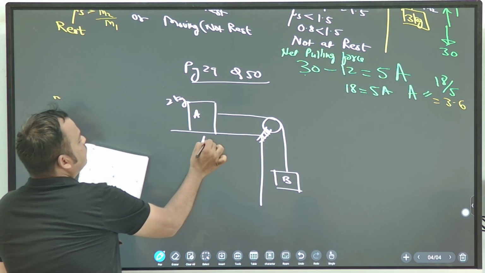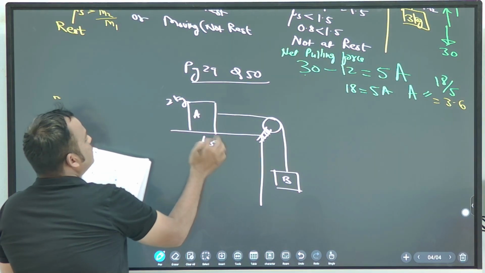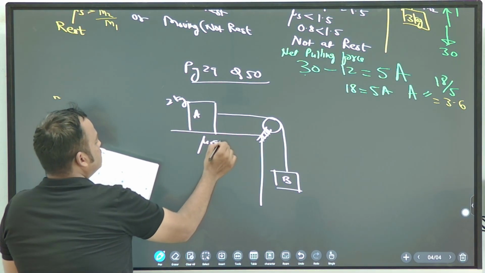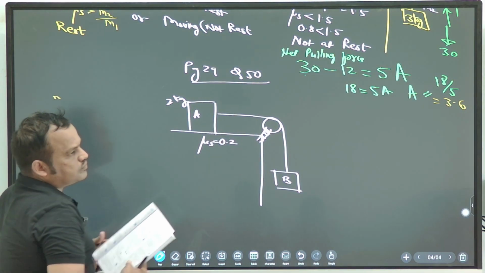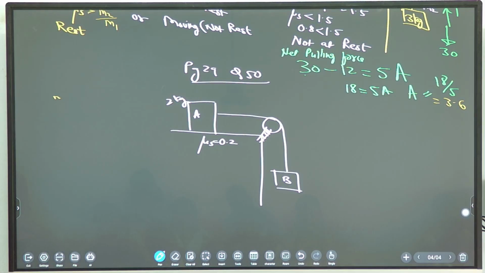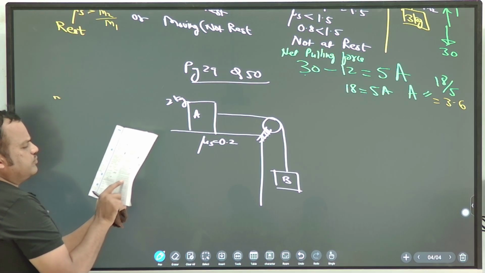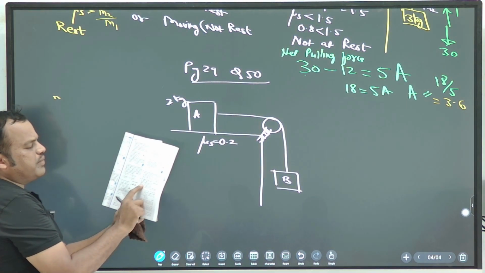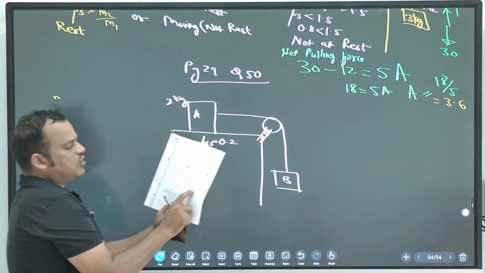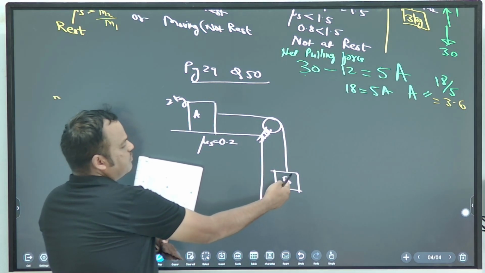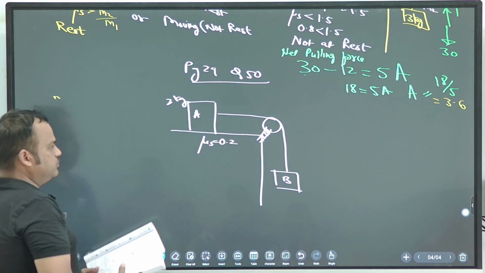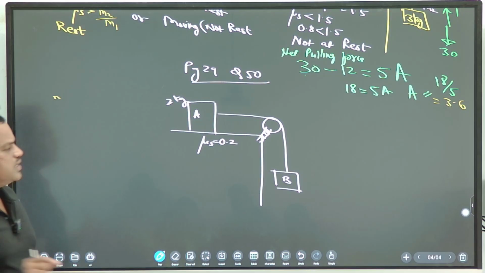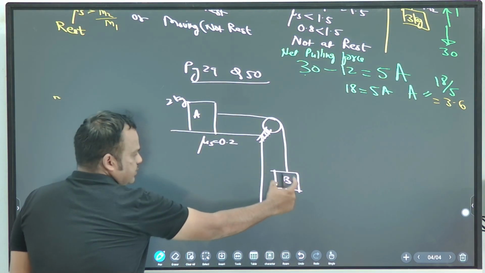Coefficient of static friction for A and the table surface is given as 0.2. Okay, solve. Note down. So what would be the maximum mass of block B so that the two blocks do not move? Find the maximum mass of B.